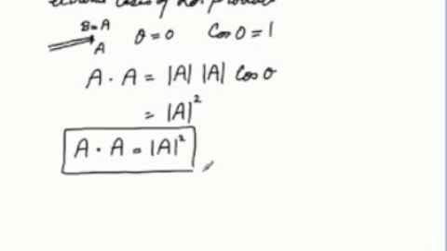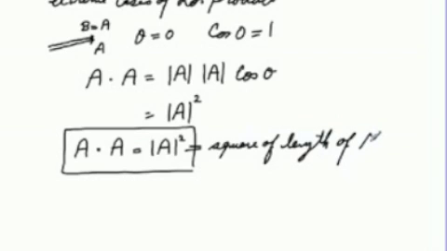So we get the following interesting identity. The dot of a vector with itself is equal to the square of its magnitude. If you take any vector and dot it with itself, you get the square of the length of A.